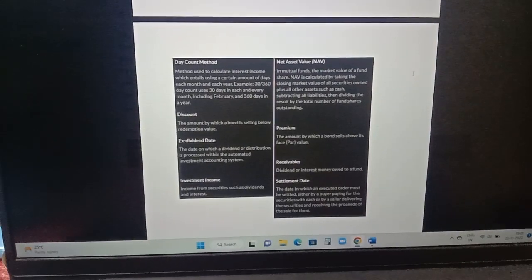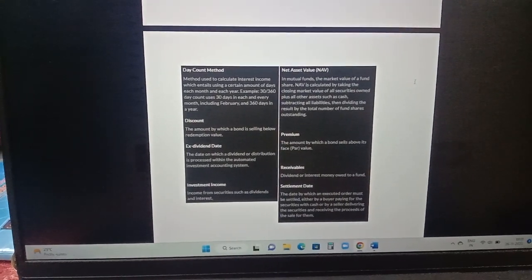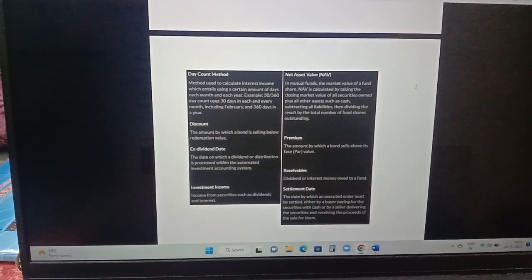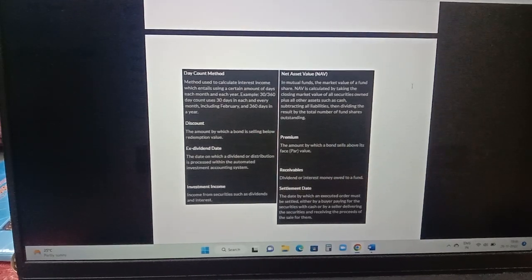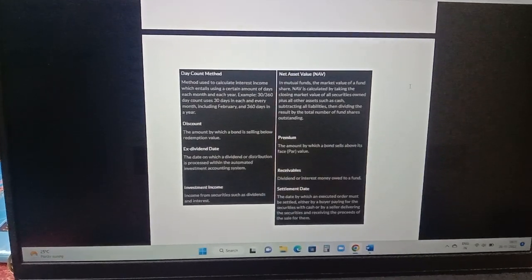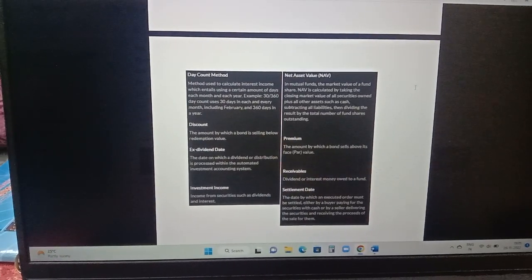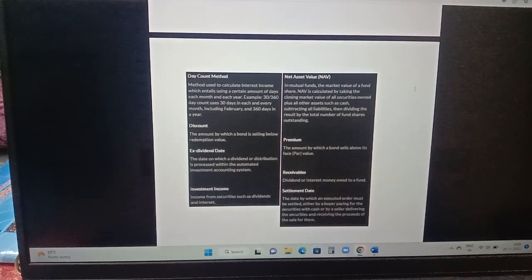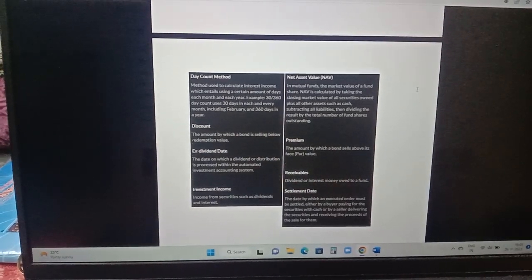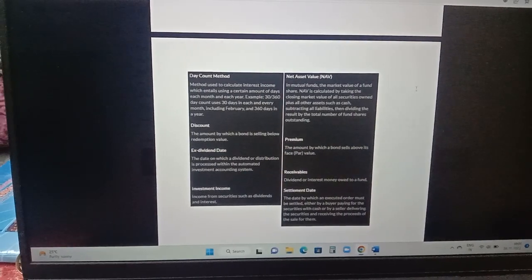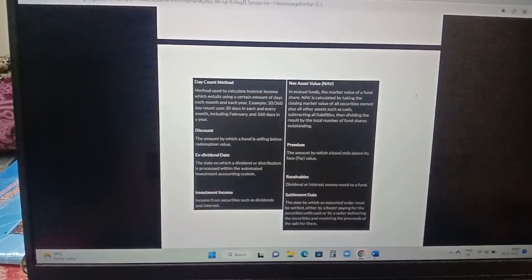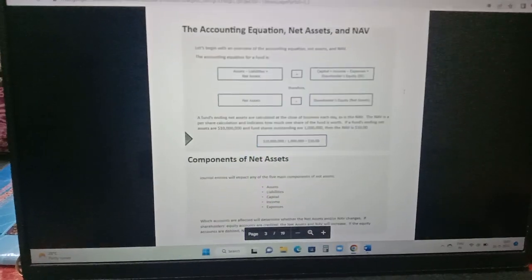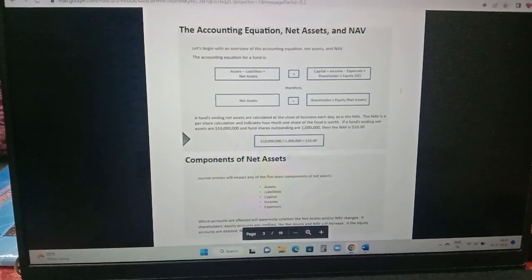NAV, in a mutual fund, is the market value of a fund share. It is calculated by taking the closing market value of all securities owned plus all other assets such as cash, subtracting all liabilities, then dividing the result by the total number of fund shares outstanding. The accounting equation, net assets and NAV.